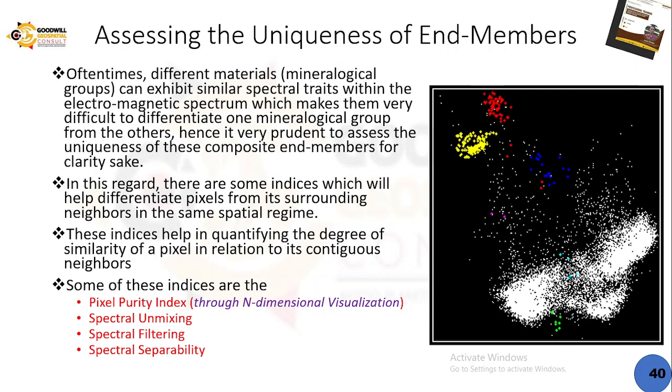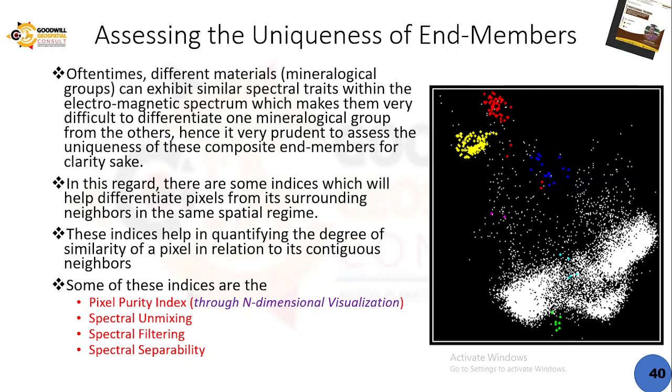Oftentimes different minerals or different materials exhibit similar spectral traits within the electromagnetic spectrum, which makes them very tough to differentiate. That's distinguishing one mineralogical group from the other. Hence, it's very prudent to assess the uniqueness of these composite endmembers for the sake of clarity.